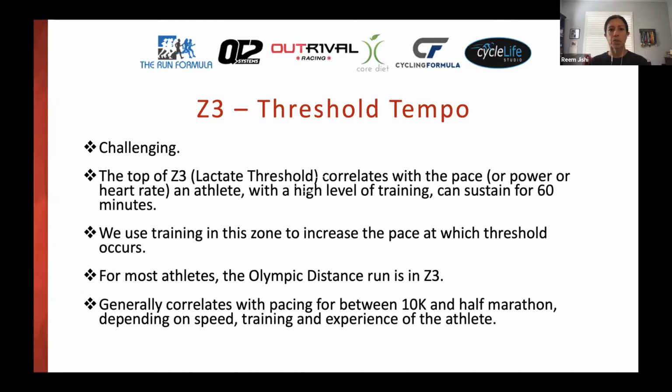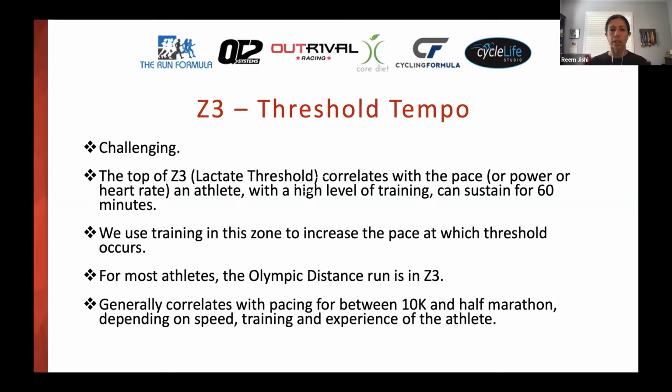Okay, Z3, threshold tempo. Now we're getting tough. The top end of your Z3 is how fast can I hold this pace for 60 minutes if I am super well trained? For a lot of people, 60 minutes seems forever in terms of a length of pace. But for most people, this is going to correlate somewhere around 10K, 15K pace, maybe half marathon.